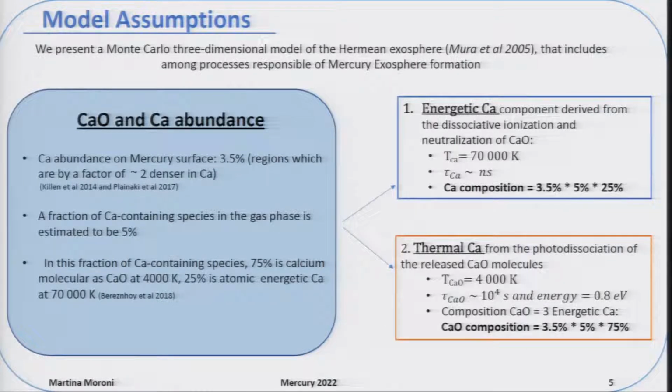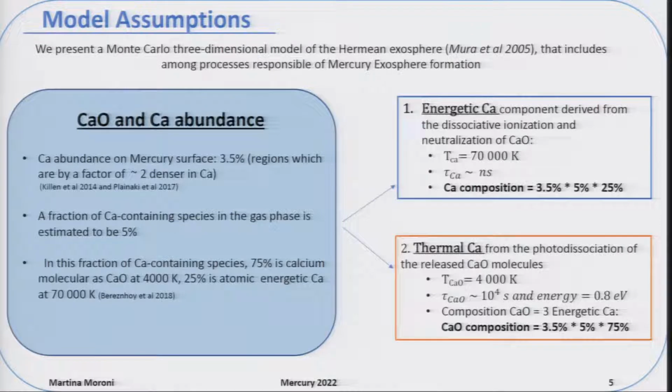So we consider all these things about the calcium abundance, and we also simulated two different processes. The first is the energetic calcium generated from the dissociative ionization and neutralization of calcium oxide.